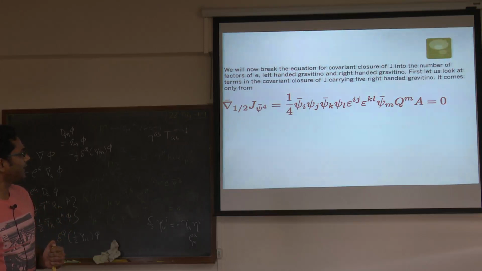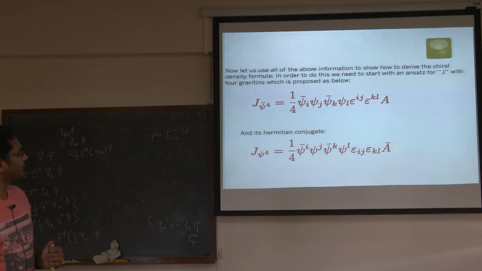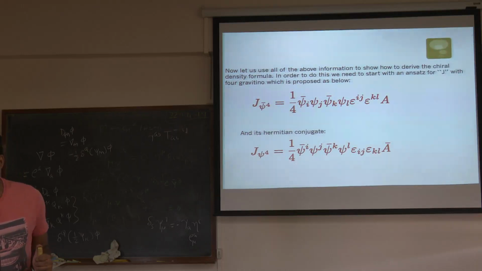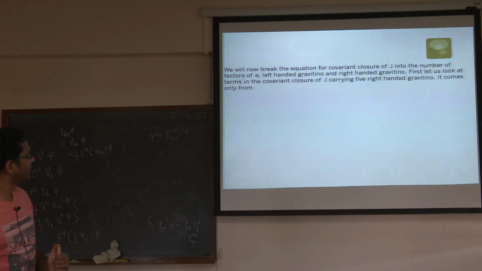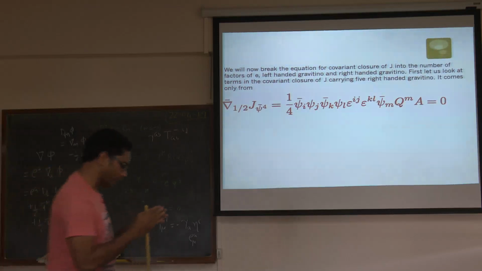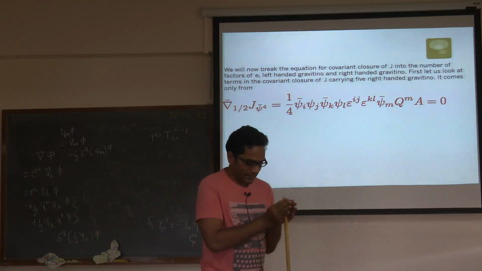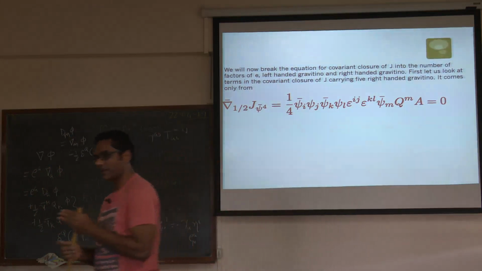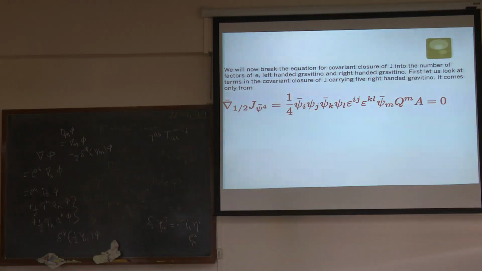Okay, but now we need to demand the covariant closure of J for it to be invariant under Q supersymmetry. For that we need to decompose our calculations of this covariant closure of A into the number of factors of Vlbine and gravity nodes that it carries.